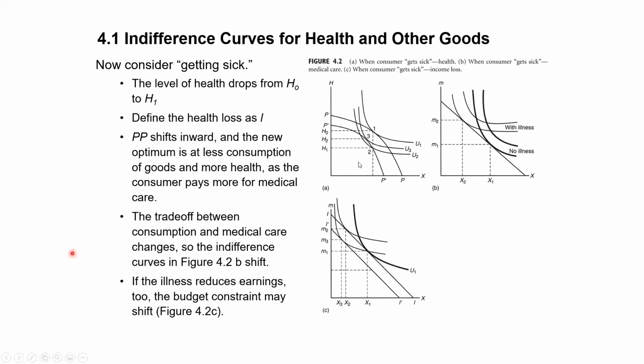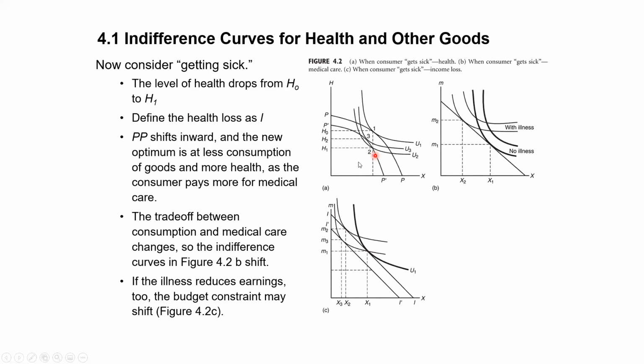Now, let's take a closer look at the indifference curves for health and other goods when you are sick. When you are sick, the level of health drops from H sub 0 to, let's say, H sub 2.